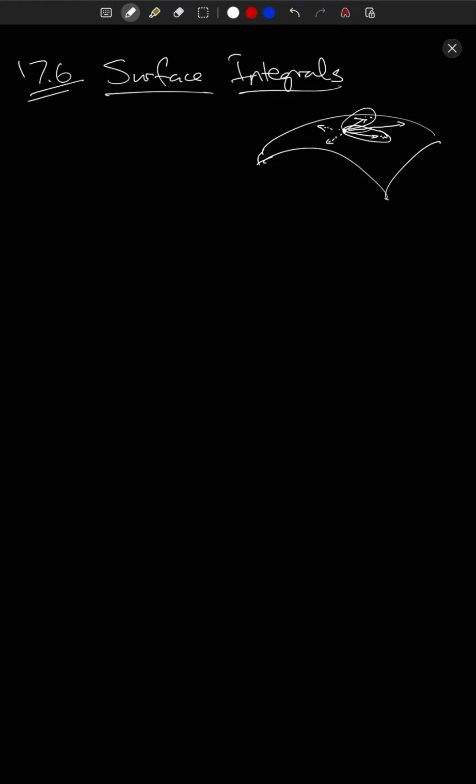In this section, we're integrating on surfaces, so two-dimensional. When we say the word surface, we mean two-dimensional. So we're going to be working with two-dimensional objects: the surface of a sphere, the surface of a cylinder, the surface of a paraboloid. When I say surface of a cylinder, there's no inside of the cylinder. When I say surface of a sphere, there's no inside of a sphere.